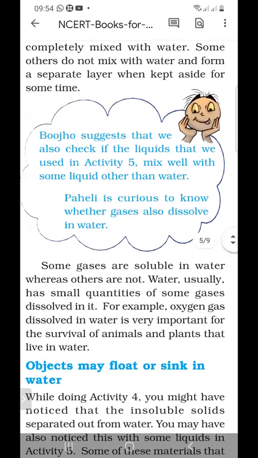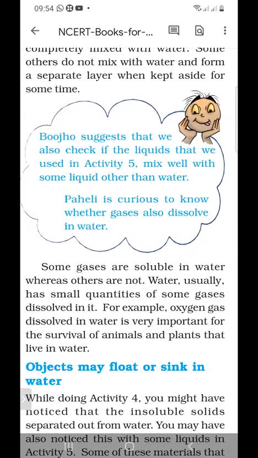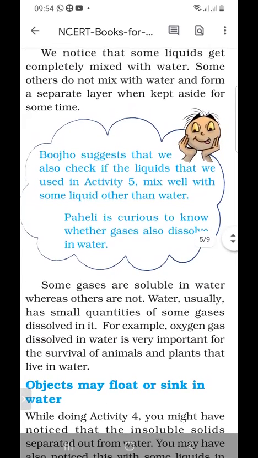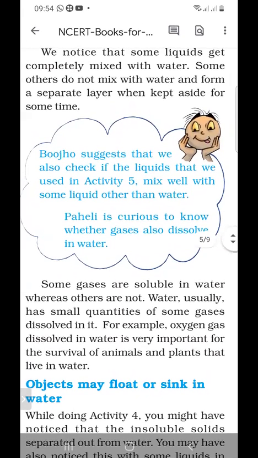For example, oxygen gas dissolved in the water is very important for the survival of plants and animals that live in the water. So solids dissolve into the water, some liquids also dissolve, and gases also dissolve into the water.